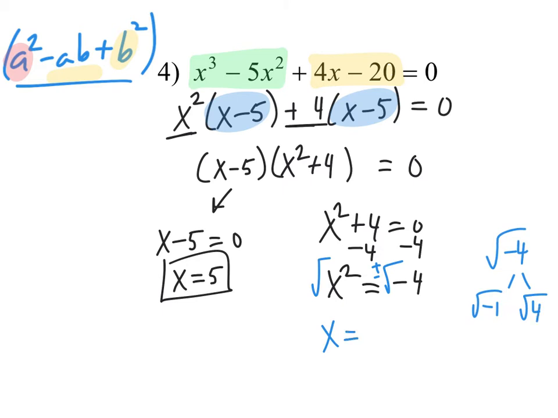So it becomes plus or minus the square root of 4, which is 2, times the square root of negative 1, which is i. So we get two imaginary solutions to go along with the one real solution of x equals 5. There are all three solutions to that equation using grouping first.